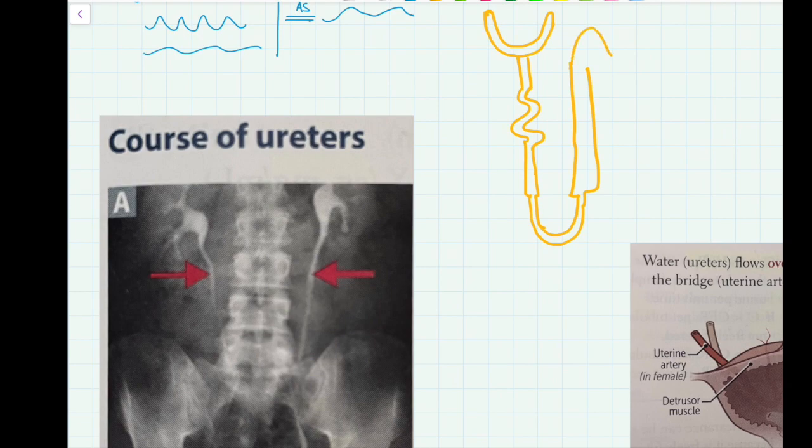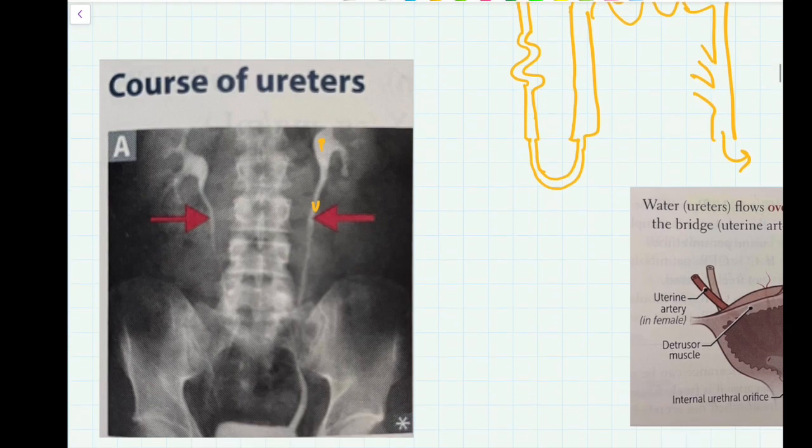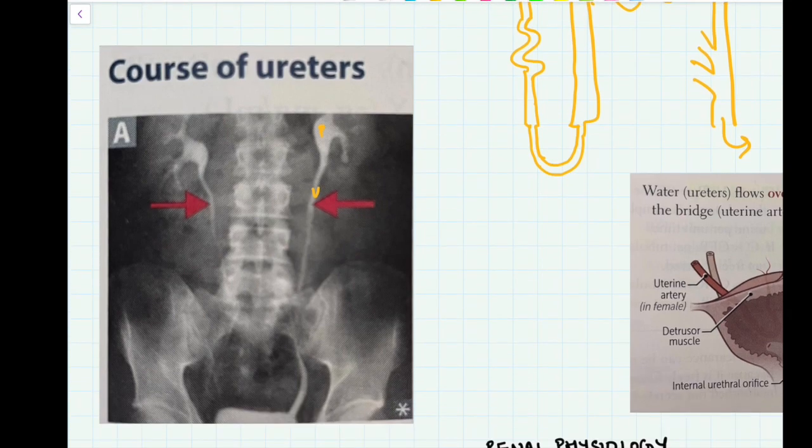Then the distal convoluted tubule, and finally there is the collecting duct. From the collecting duct, the urine reaches the pelvis. The collecting duct will open into the calyces, and the calyces finally lead to the drainage of urine into the pelvis. The pelvis gives rise to the ureter. The ureter finally opens into the bladder.